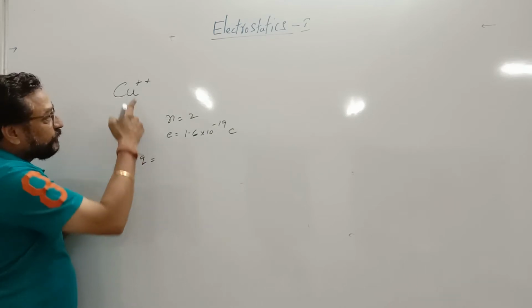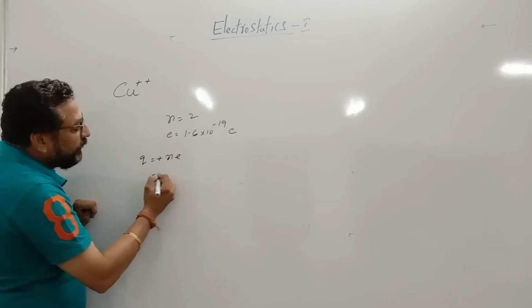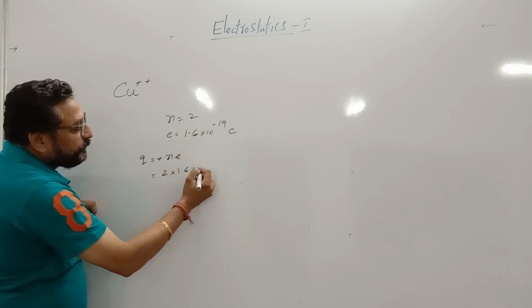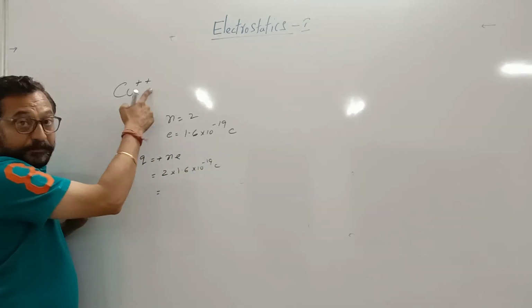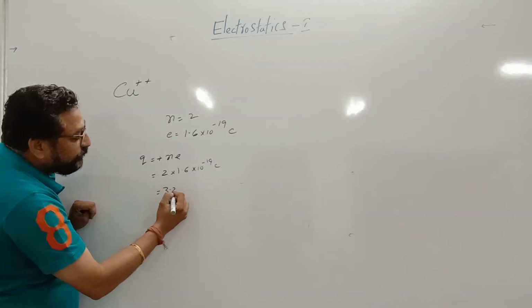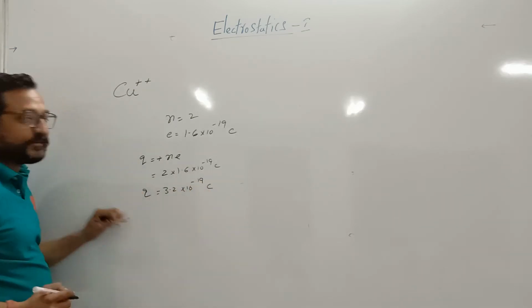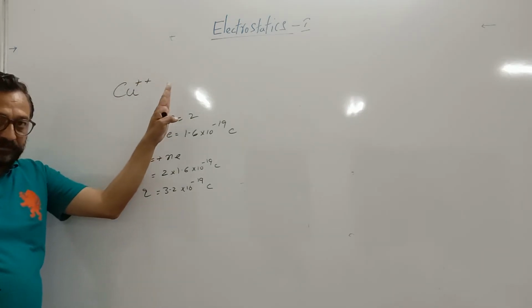The charge is positive, and the formula is ne. n is 2, e is 1.6 × 10^-19 coulomb. Then the charge on Cu double plus is 3.2 × 10^-19 coulomb, and this is the amount of charge on Cu double plus.